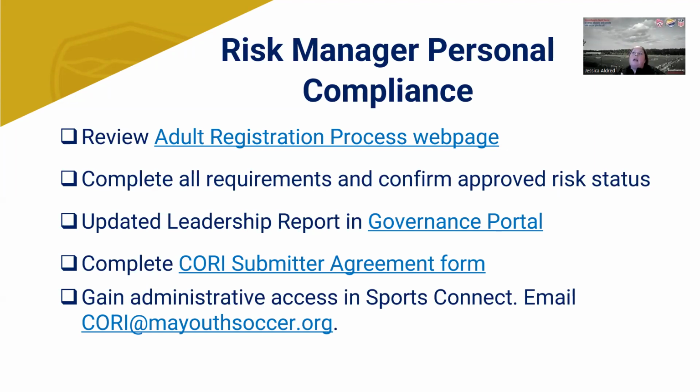That consists of your actual adult registration, including all the trainings and background check, getting your name on the leadership report in that risk management role, and completing a CORI submitter agreement form. Once we get all these ducks lined up, you can shoot us an email and we'll make sure that you have the right access that you need to do what you need to do.